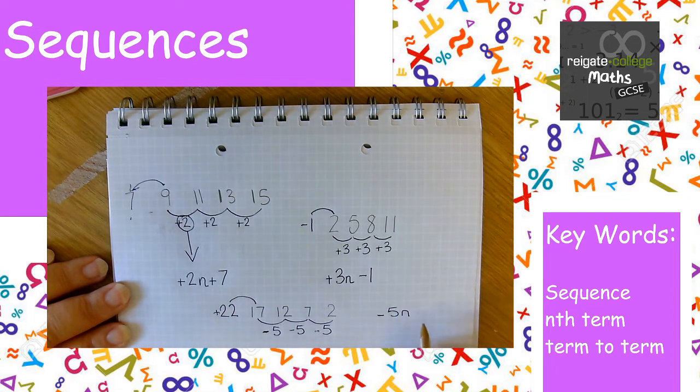So I'm finishing off my nth term plus 22. Now this is the nth term, but I could, if I wish to, rearrange it so it starts off with the positive 22 and I take away 5n. Either way, it's correct.